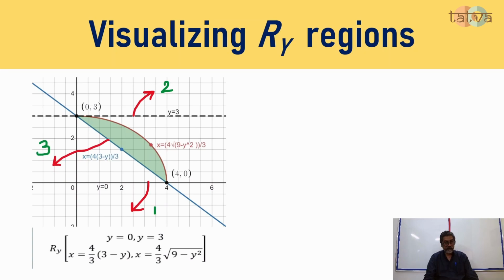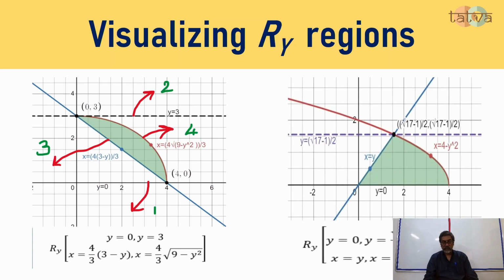Then comes the left curve, then the right curve. The left curve will be written as x as a function of y, and the right curve will be written again as x as a function of y. So Ry regions are expressed mathematically the way you're seeing below that graphic.